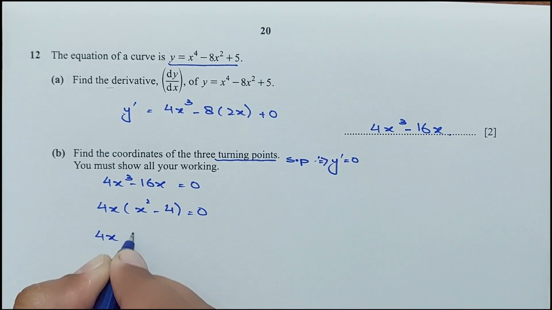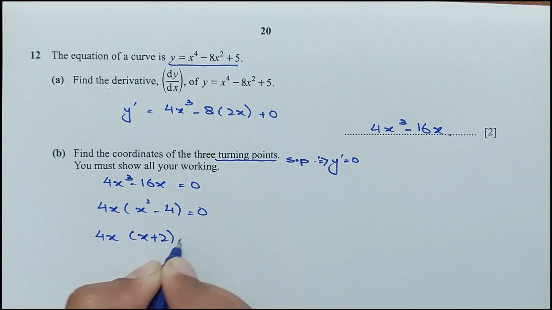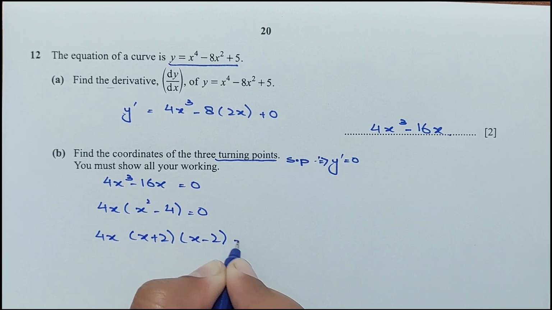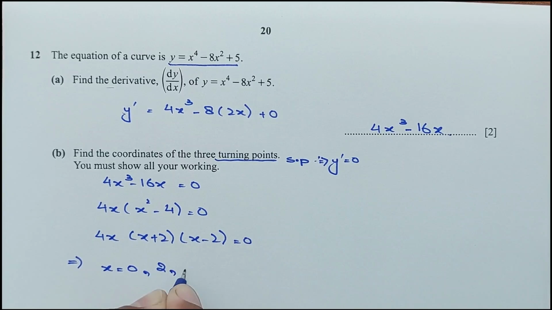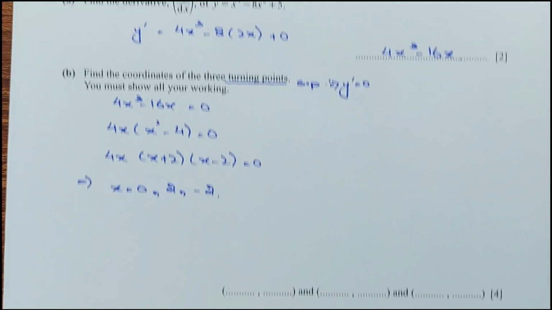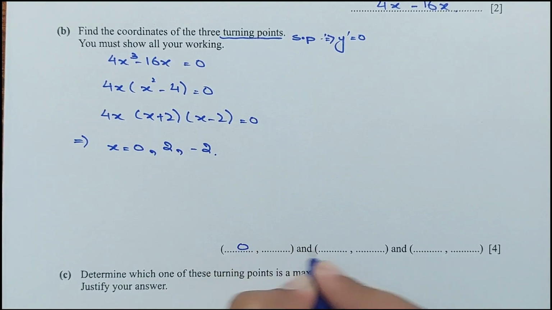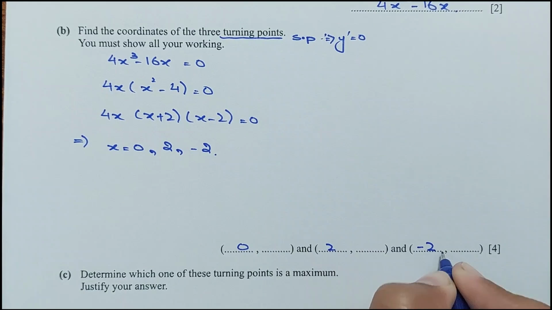So 4x into (x plus 2) and (x minus 2) equals 0. From factorization, x equals 0, 2, or minus 2. These are the 3 x coordinates.